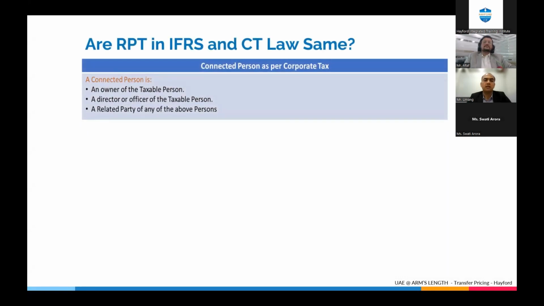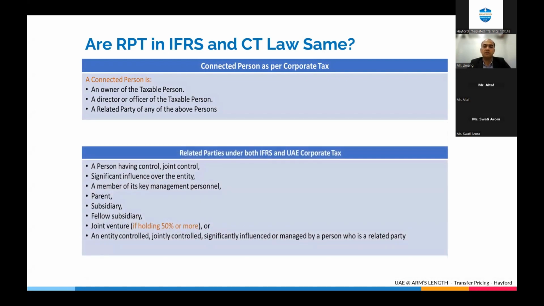Further, we've also looked at the connected person. Now, interestingly, officer, what Altaf elaborated, is an interesting addition beyond just the IFRS definition of IAS 24, and therefore it becomes important to look at who could fall under that category. And again, friends, mind you, this is not just the respective person, which is director, shareholder, or officer.